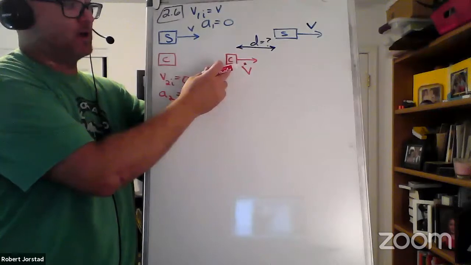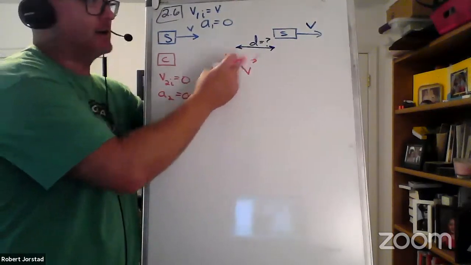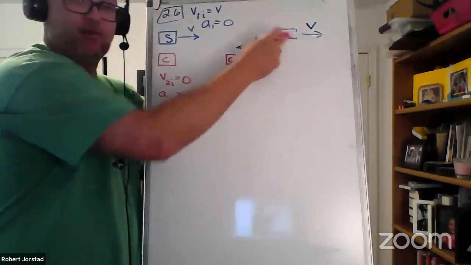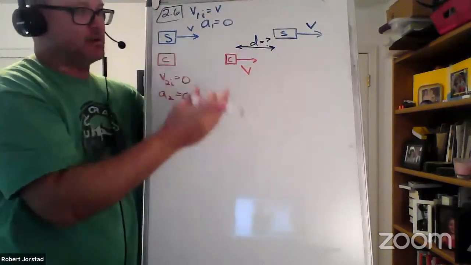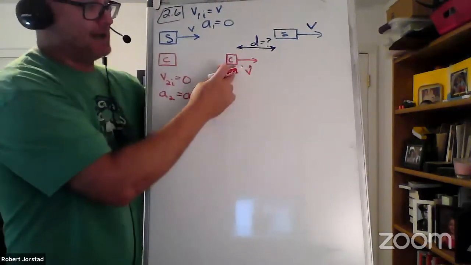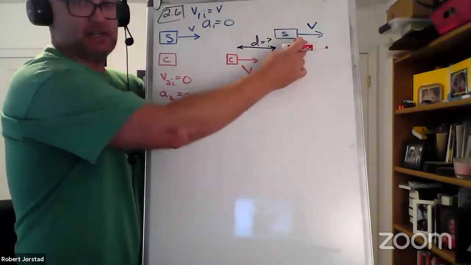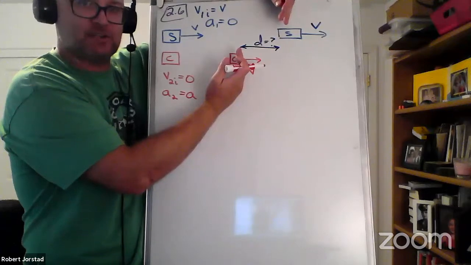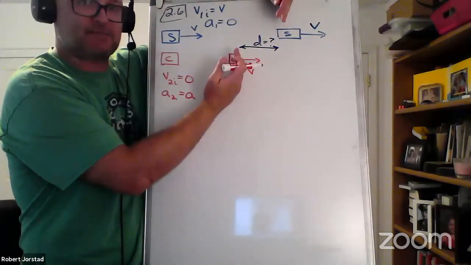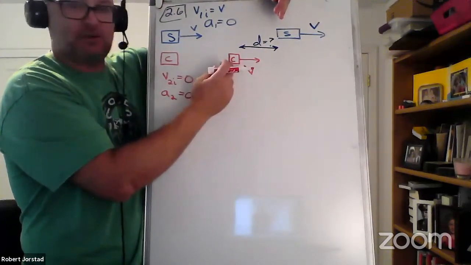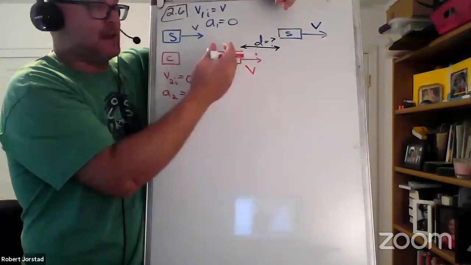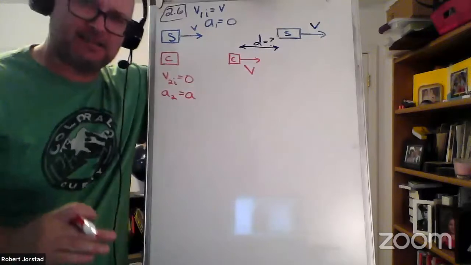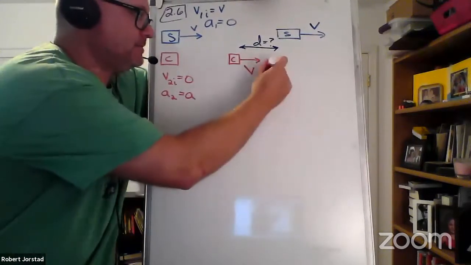Now, if this one was at 22 miles per hour and this one's at 20, this one is going to start gaining on that one and closing the gap. So at the exact moment when the cop's speed matches the speeder's speed, the distance between them isn't changing for a split second. That happens to be the maximum distance. The cop is no longer losing ground, and any later it's going to start gaining ground. Does that make sense? Why this has to be V?